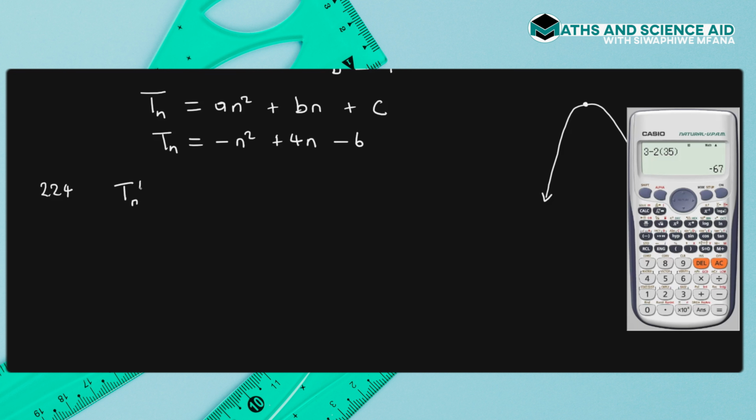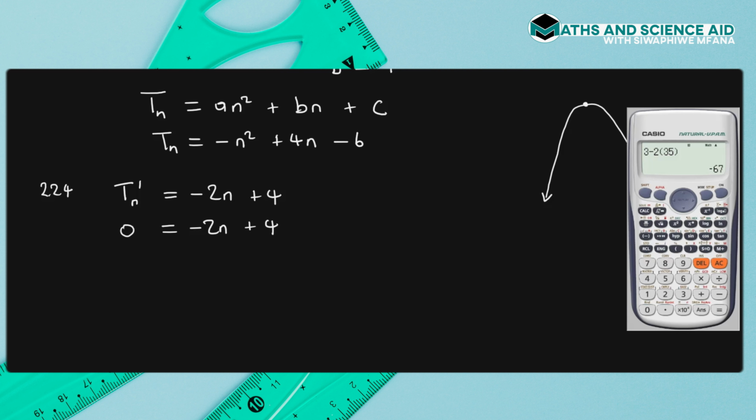So t prime of n, well, this is going to be equal to -2n plus 4, just by simply deriving this using the rules of differentiation. And now we can just set this to 0 in order for us to find the value of n for which the derivative is equal to 0.